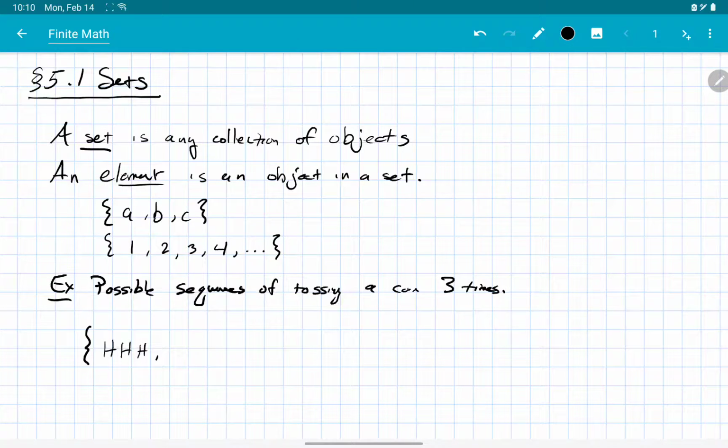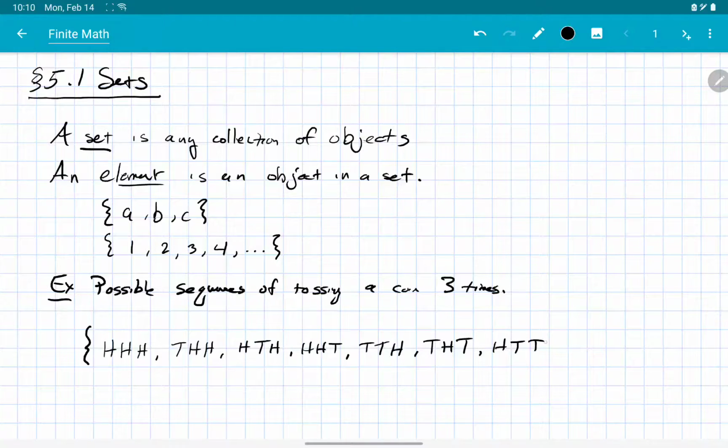Right? That's one possible outcome. Then we could have tails, heads, heads, or heads, tails, heads, or heads, heads, tails, tails, tails, heads, tails, heads, tails, tails, and tails, tails, tails. Right.